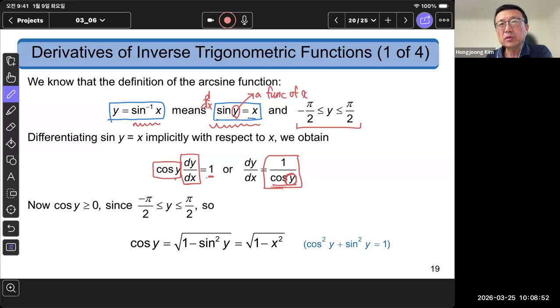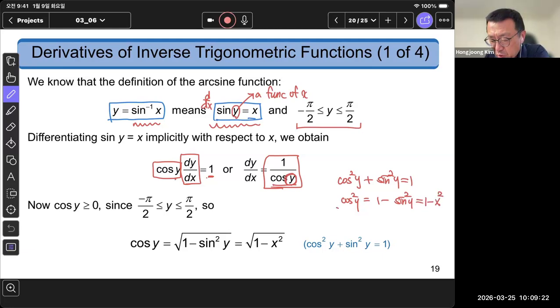So what I can do is, okay, cosine y and sine y satisfy this well-known equation. So cosine y squared will be 1 minus sine y squared. Sine y was x, so this is 1 minus x squared.